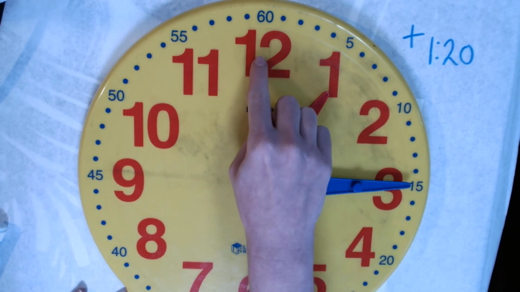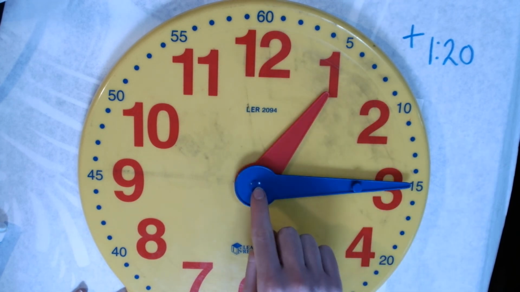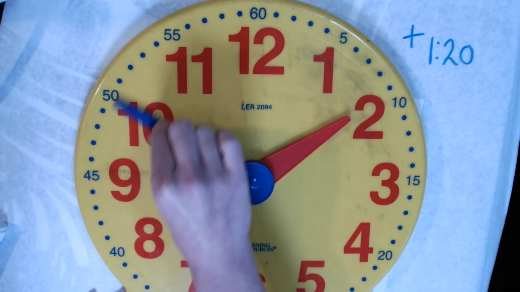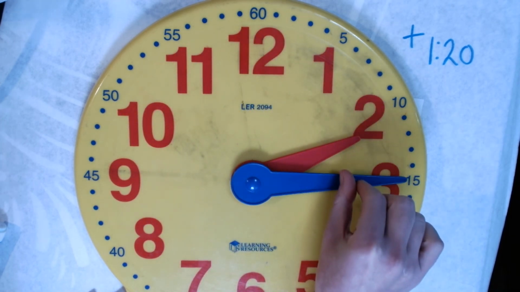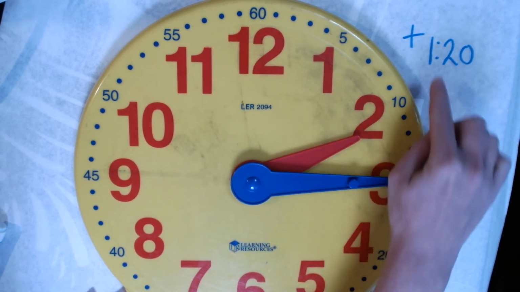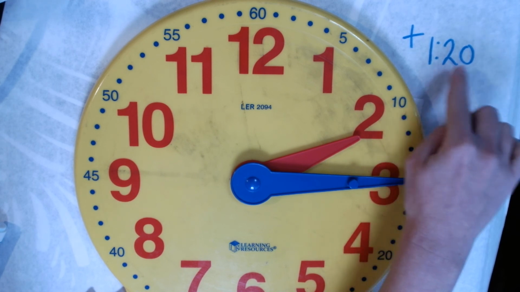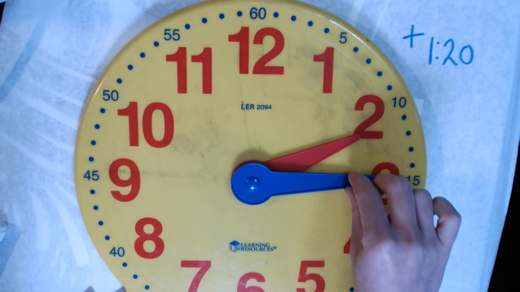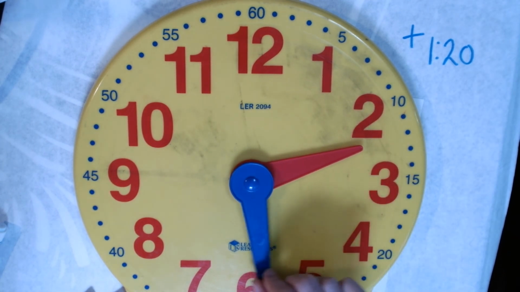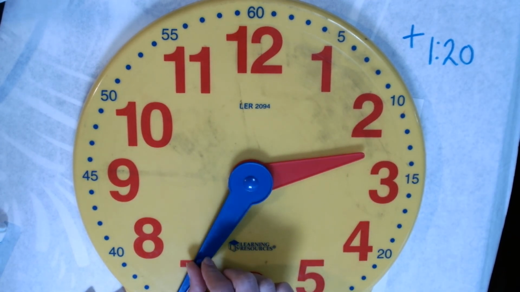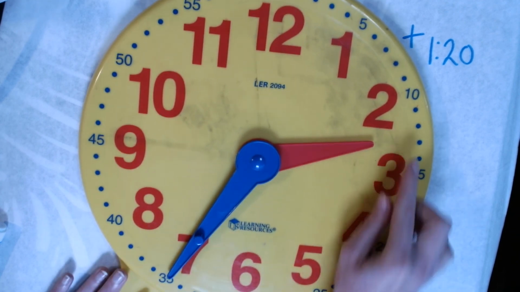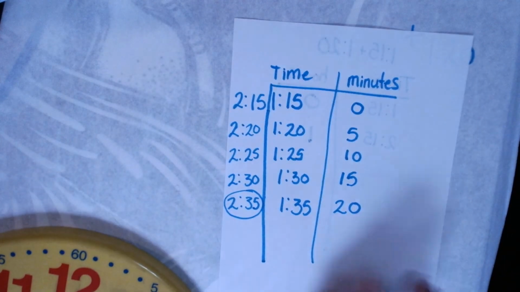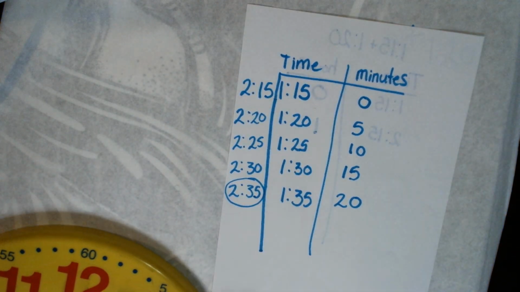It doesn't have to just start from the 12. So at 1:15, when the clock moves all the way around, it's 60 minutes. It'll be 2:15. We've taken care of adding our 1 hour. Now let's count on by groups of 5 until we get to 20. 5, 10, 15, 20. Now we can see it's 2:35, just like we found in our T-chart.